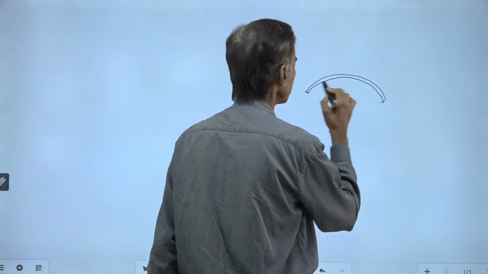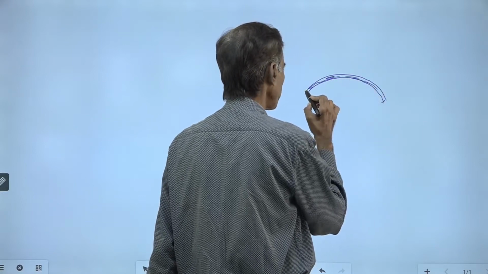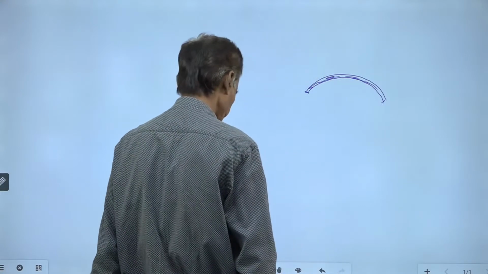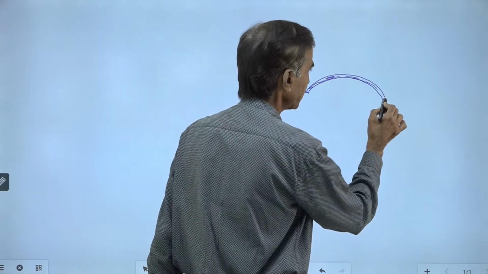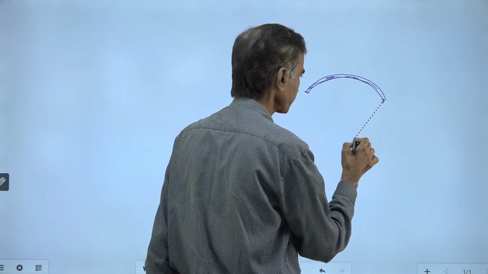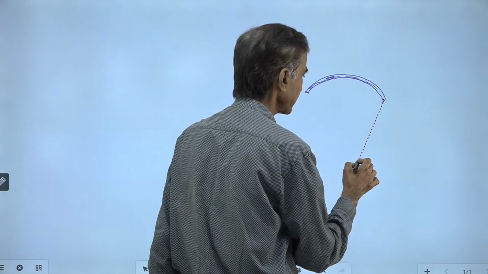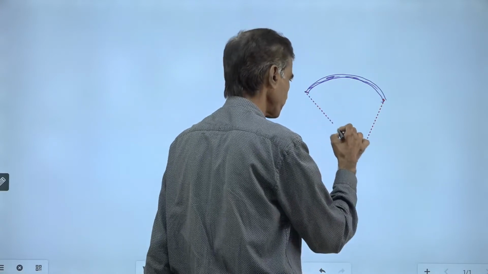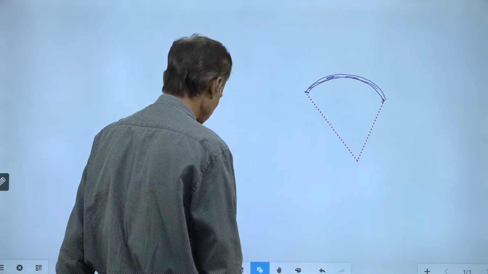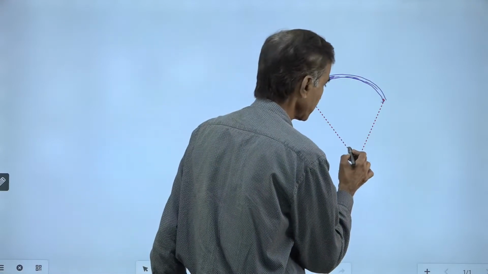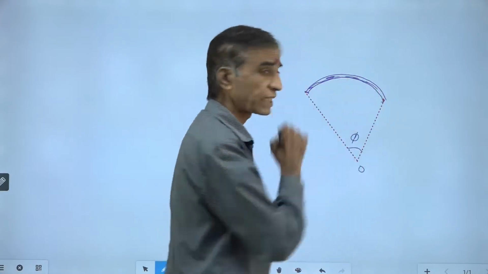Now, this is our current carrying loop. This loop is making an angle, say phi, at the center of the circle, this point O, which is the center from which this is cut out.